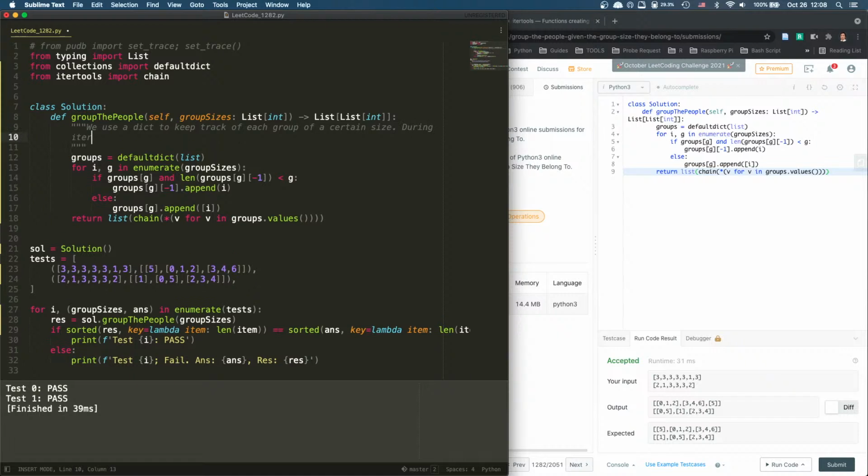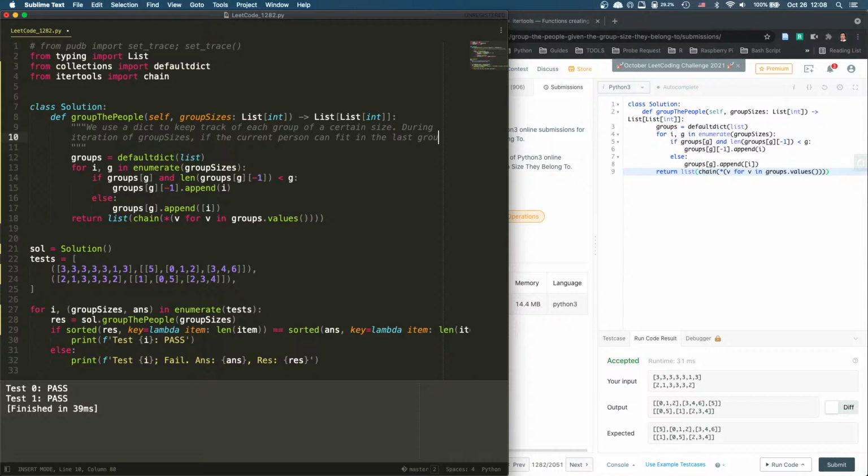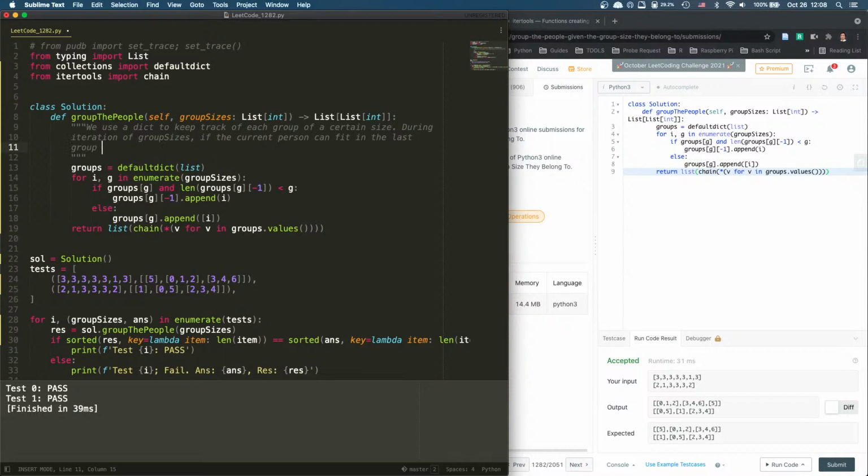During iteration of group sizes, if the current person can fit in the last group of the dict size, we add the person there.